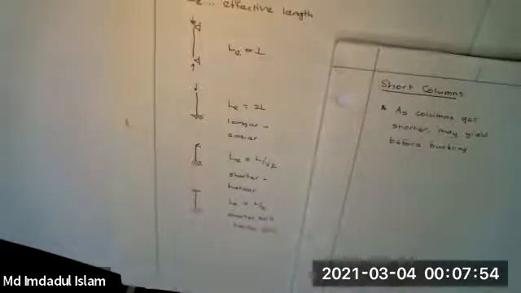Pretty soon we're going to start talking about failure theories. When you start yielding things, if you just yield them once and it never happens again, and you don't have large plastic deformation, it's not necessarily that big a deal. But when you do it repeatedly, you get fatigue, and that is the number one problem in mechanical engineering. So you want to stay away from yielding.